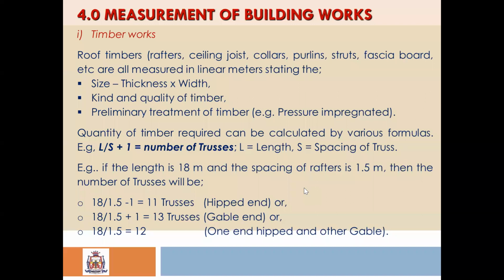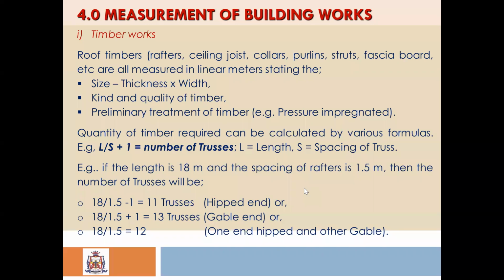If it is a gable end, then you get the length, you divide by the spacing, you add 1. That's for the gable-ended. Gable-ended, I mean, if the walling is visible up to the tip of the roof, that is called the gabled. The gabled end is visible.